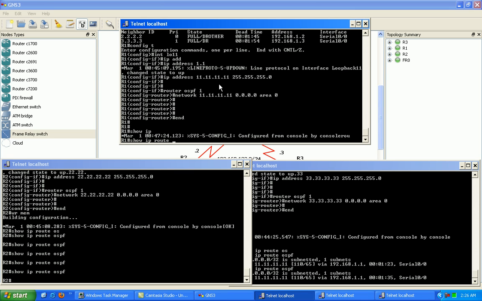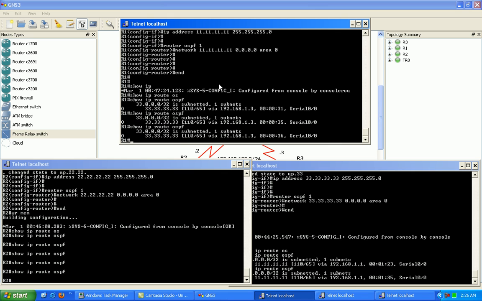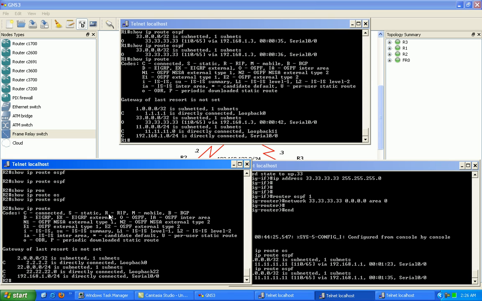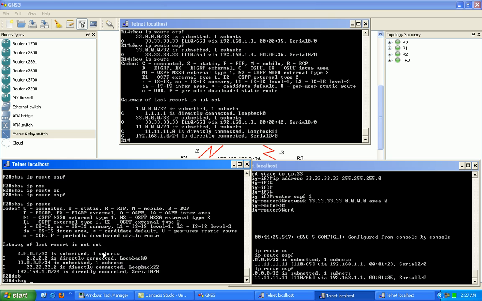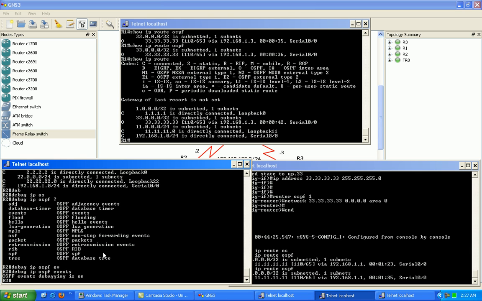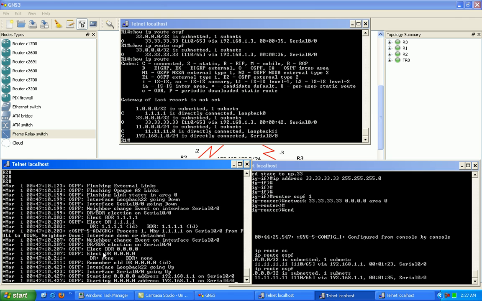On router 1, we'll do a show IP route OSPF, and we see the 3 network here.